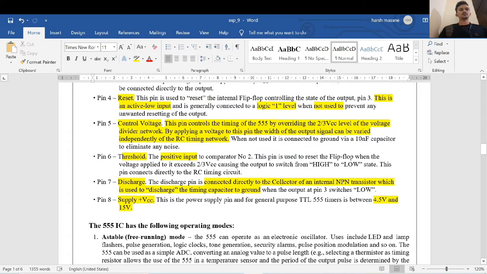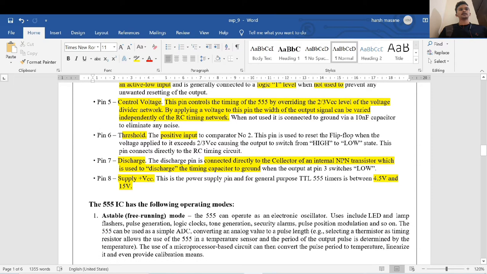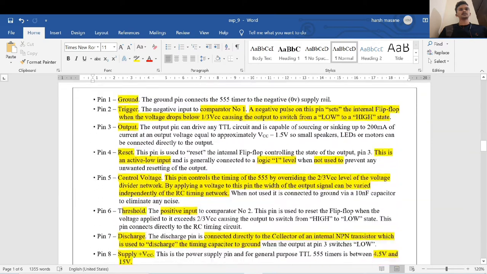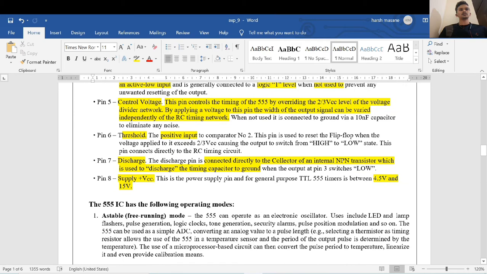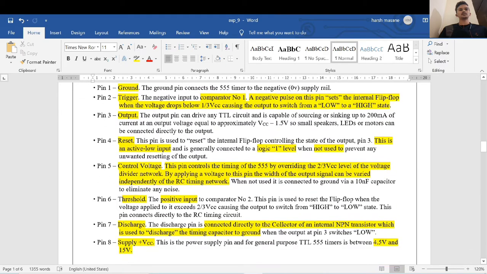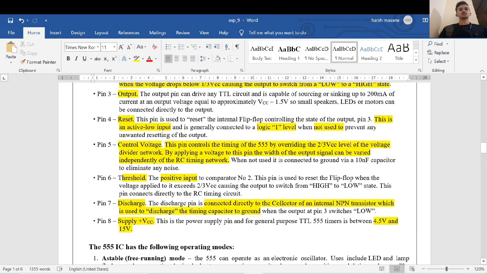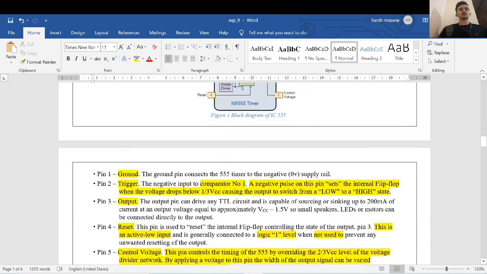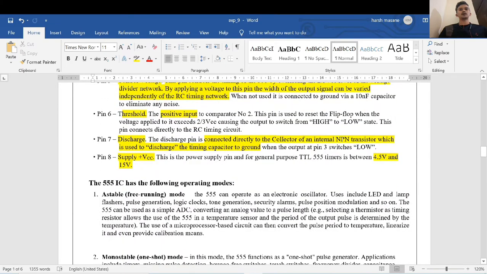So next is pin 6, which is the threshold. Here we apply a positive input. So the flip-flop gets reset when the applied voltage exceeds 2/3 of VCC. So the output of the 555 switches from high to low state.